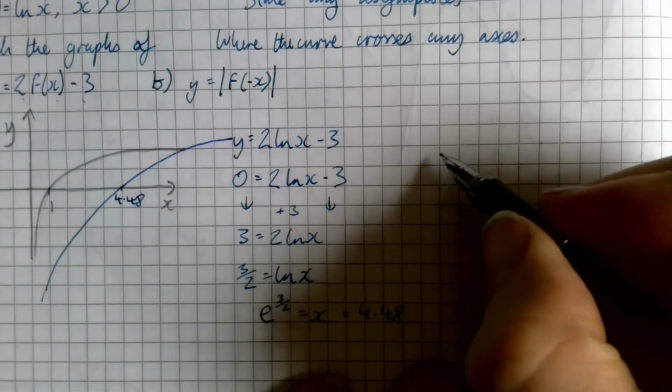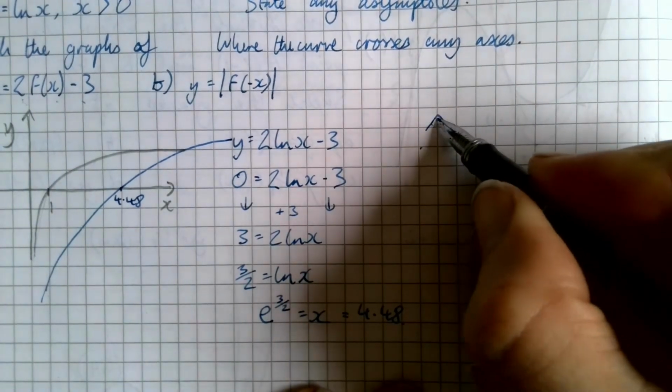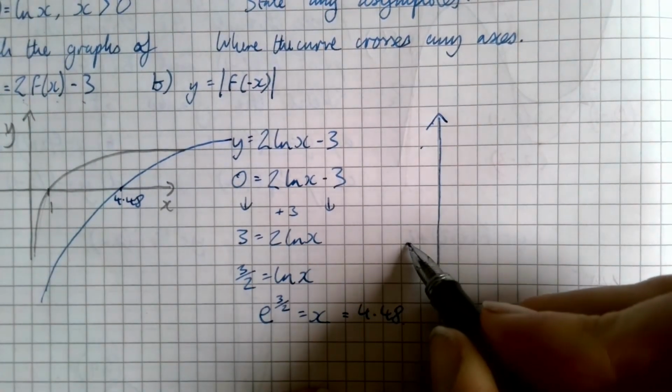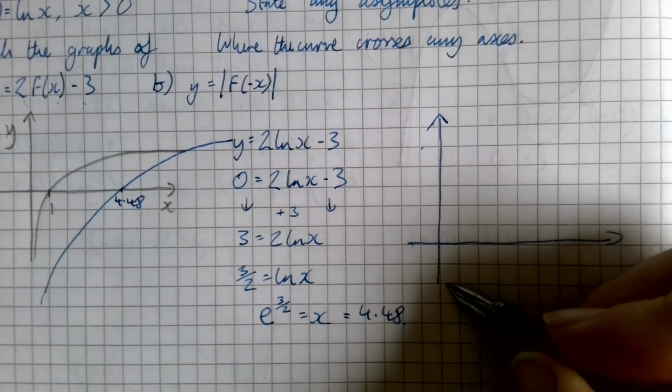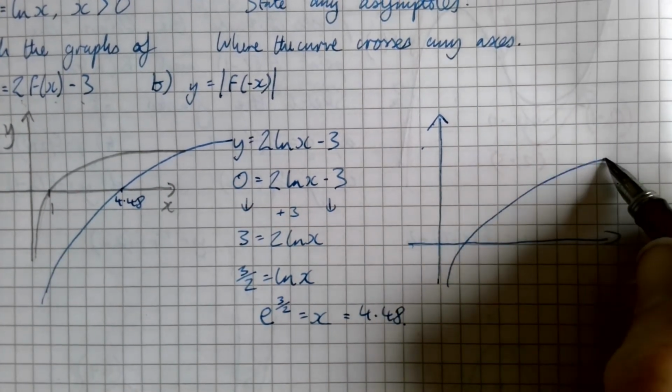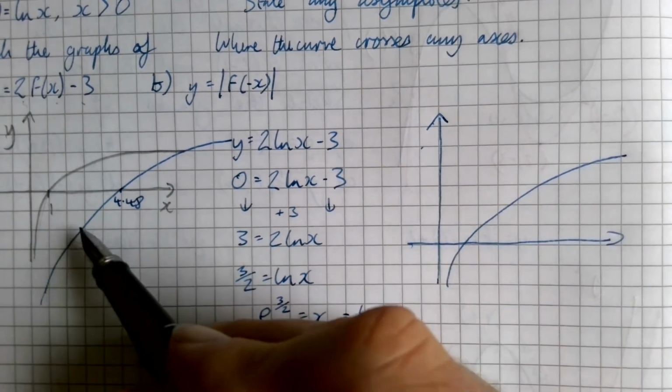In fact, that's not very nice, is it? Let's do that again, and because it's been multiplied by 2, we know it's going up a little bit steeper, so it's nice to draw it going up looking a bit steeper than that one there.